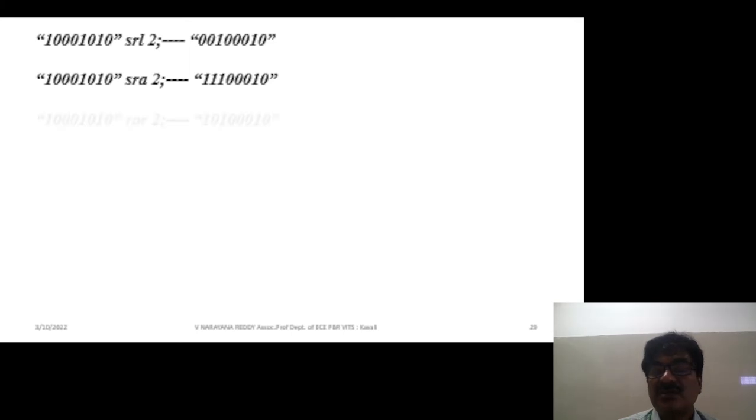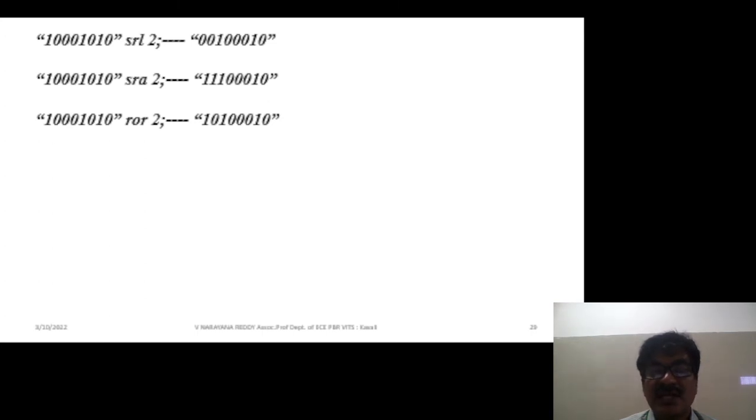Now see another two operators, rotate right and rotate left. First, rotate right, shown on the same data, rotate right by 2. Here also the original data will be shifted by 2 bits in the right hand side direction.